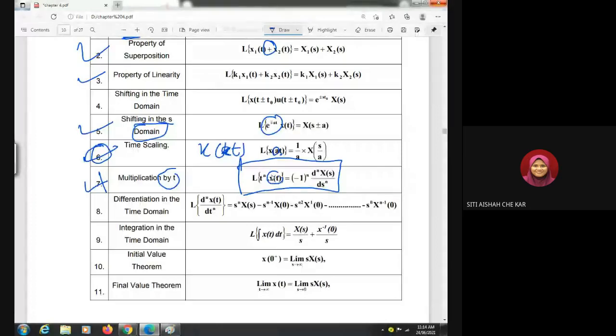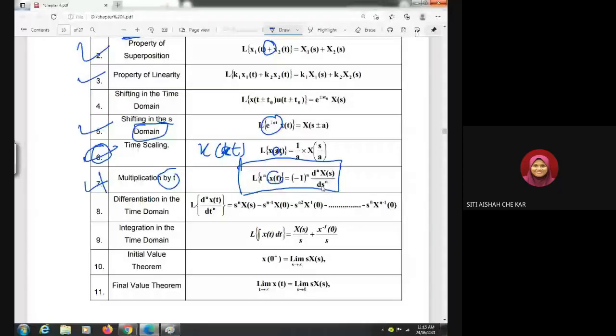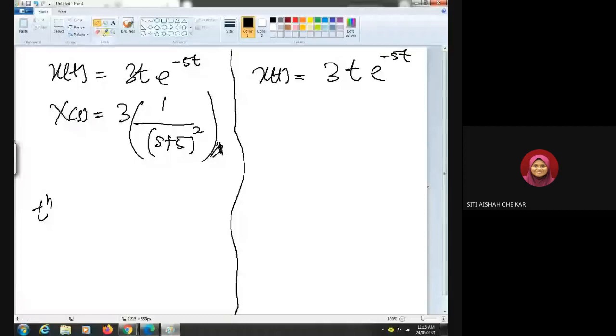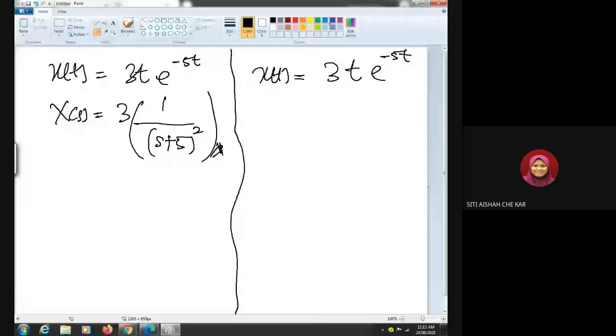Okay, so kita tengok sedikit kat sini lah. Macam mana kita nak ni. So dia cakap kat sini t power of n. Kita buat tulisan ni lah. T power of n xt.